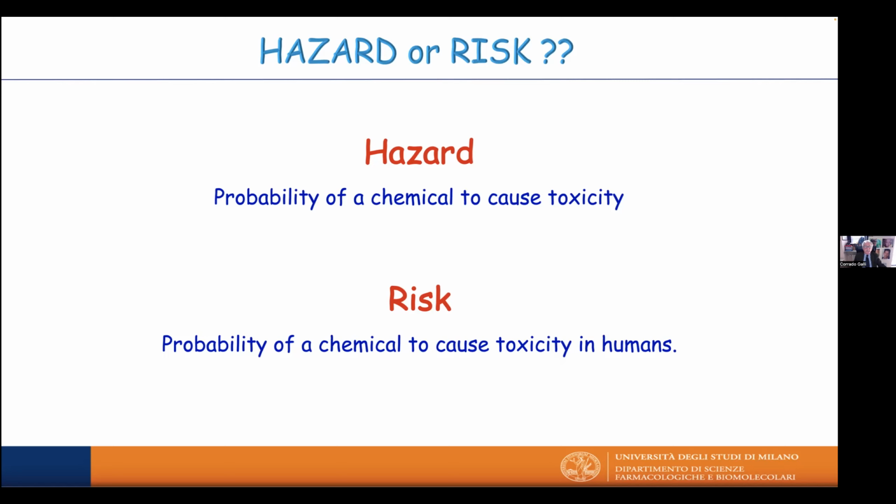But if you open the cap, and then some of the benzene will enter in the atmosphere, and so you can breathe some of the benzene, then the risk starts to increase. So hazard is the intrinsic potency of a chemical. Risk is the possibility to produce a harmful effect in humans, depending on the dose.